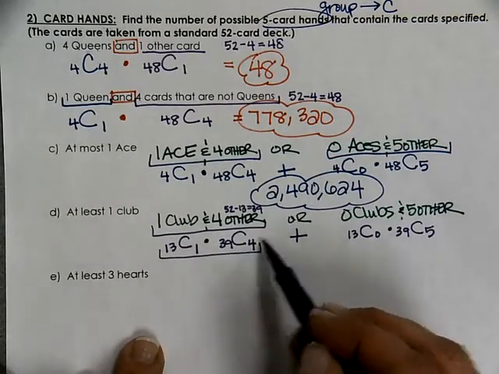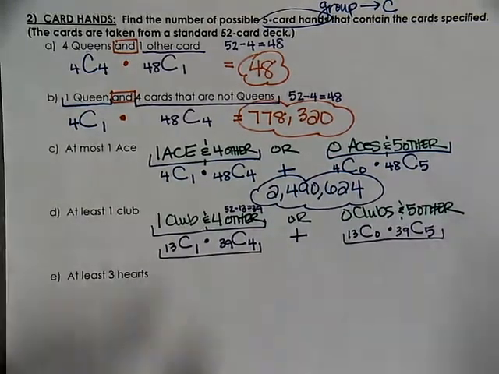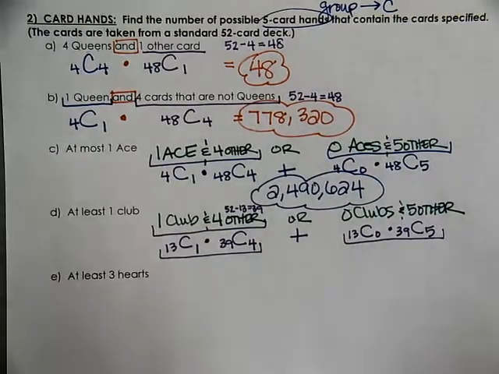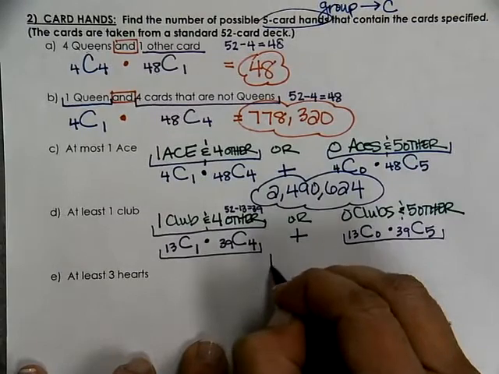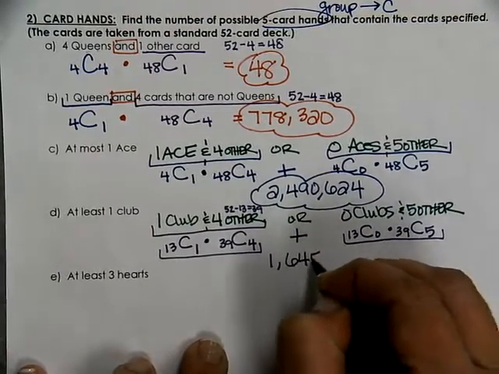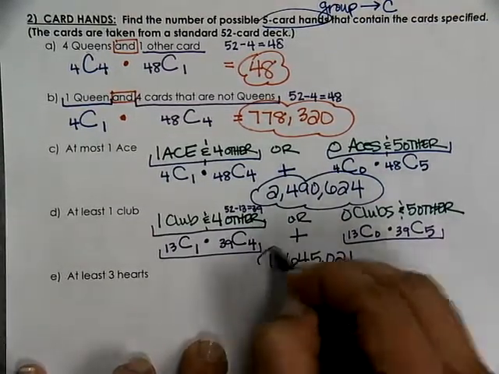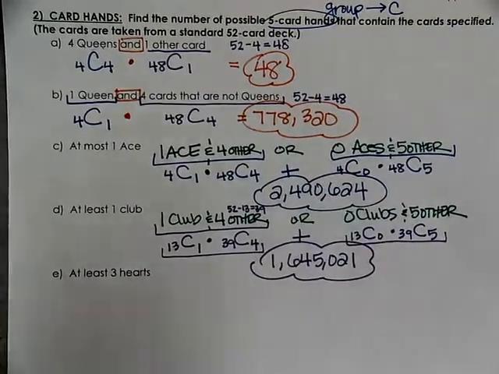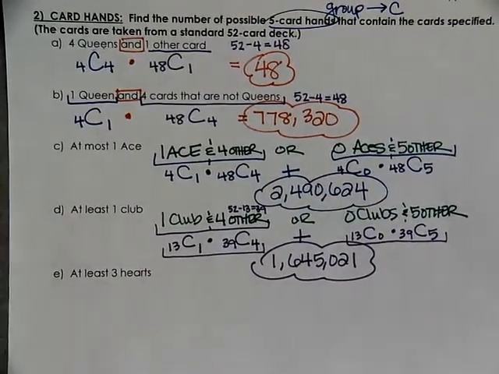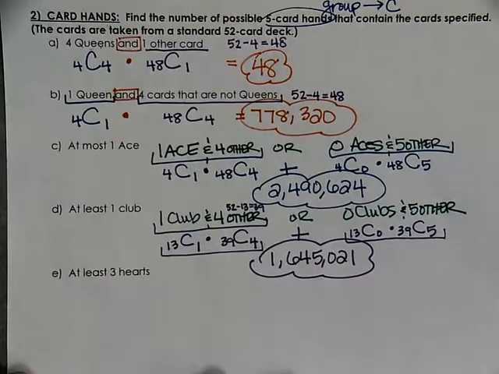It'll find this and then add this if you enter it in correctly. And when I entered that in, I got 1,645,021 possibilities. Okay? I'm more interested in the setup than you guys punching things in at this second.